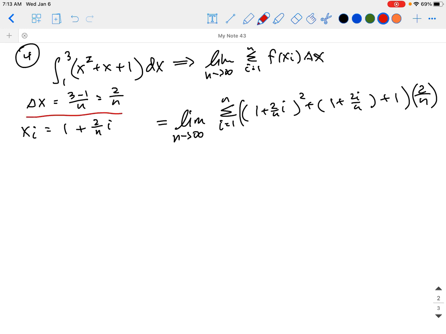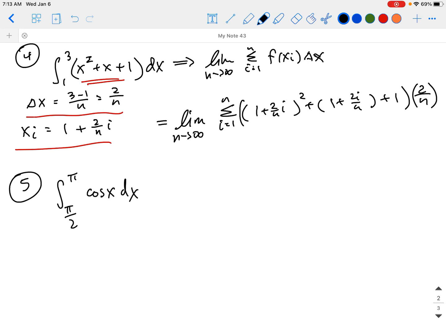Again, the key pieces for writing your Riemann sum are delta x, x sub i, and knowing what f of x is. So let's do one more. We'll do the integral from pi over 2 to pi of cosine x dx. Go ahead and give this one a try.